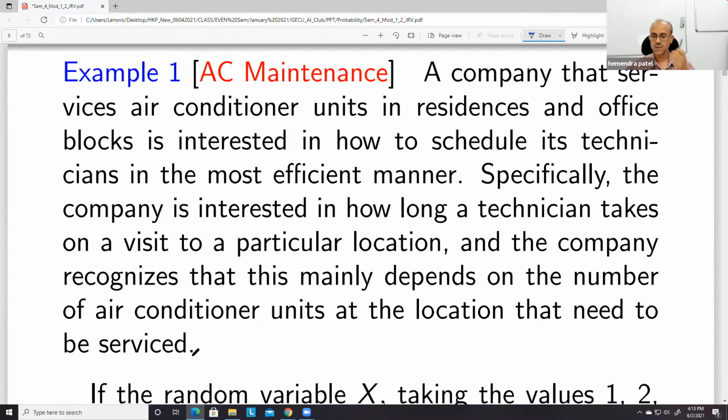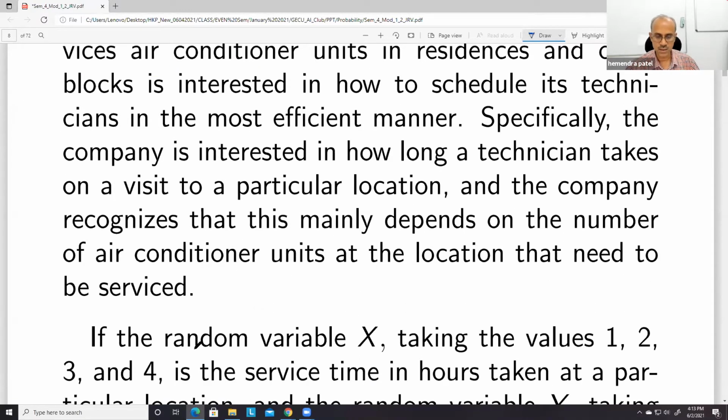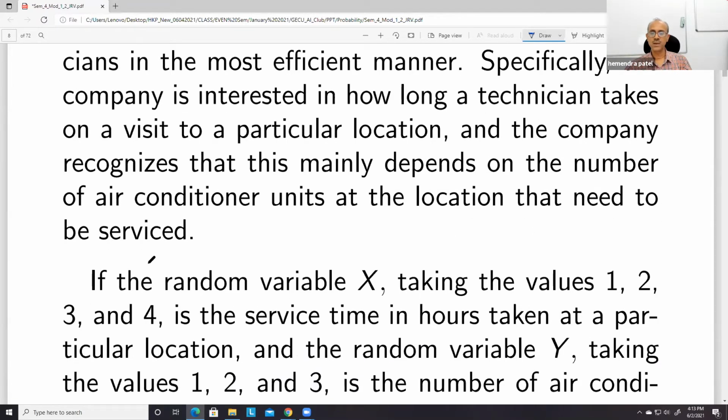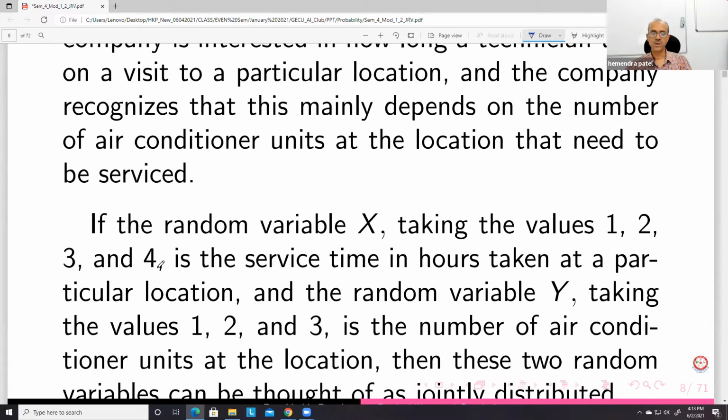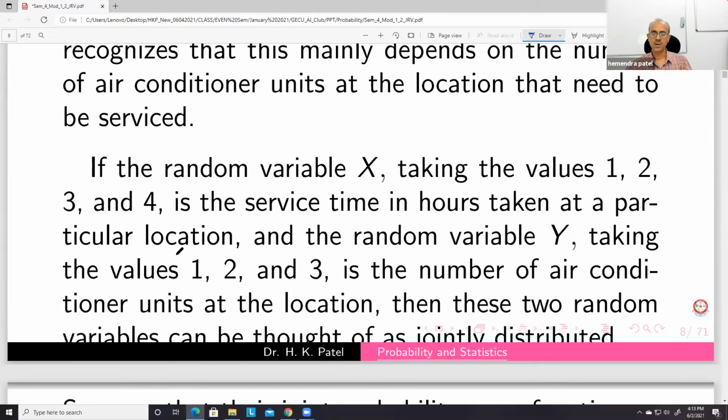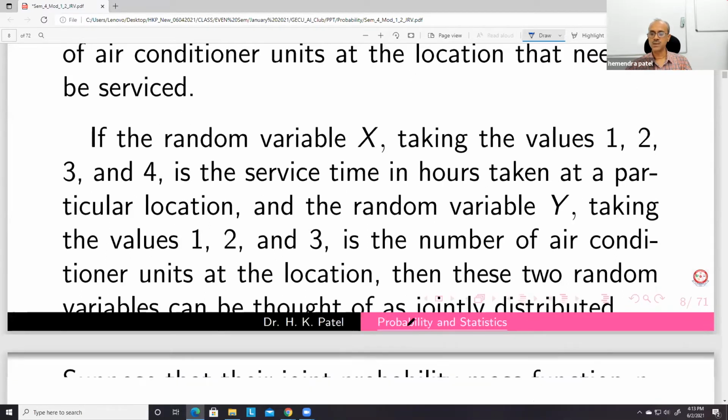This is very common. If there are fewer ACs to be serviced, the company expects that less time will be taken. So the random variable x takes the values 1, 2, 3, and 4, the service time in hours at a particular location, and the random variable y takes the values 1, 2, and 3, the number of air conditioner units at the location. Then these two random variables can be thought of as jointly distributed.